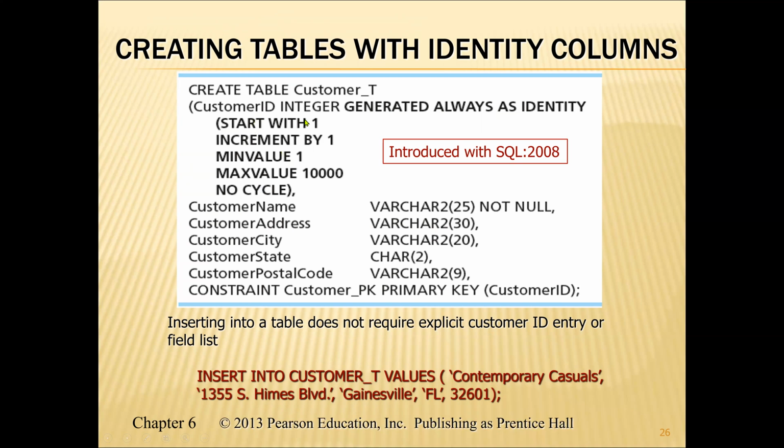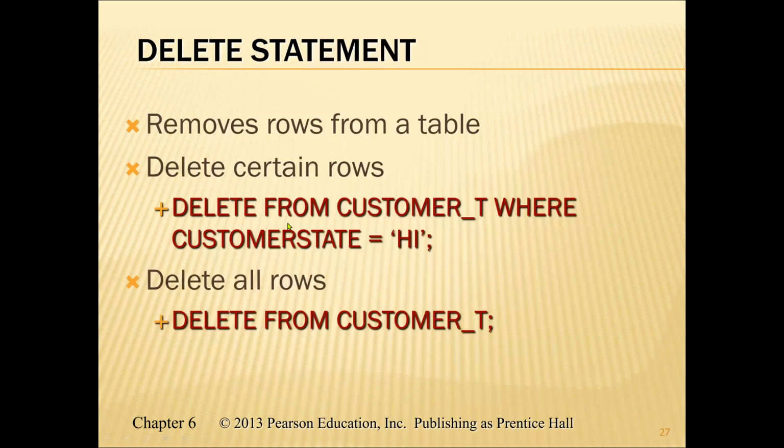Rather, we will start from 1, then we increment by 1, then we keep going. The rest from customer name to the end, we already went through that. This is the new thing we are learning. If no question, we keep going.